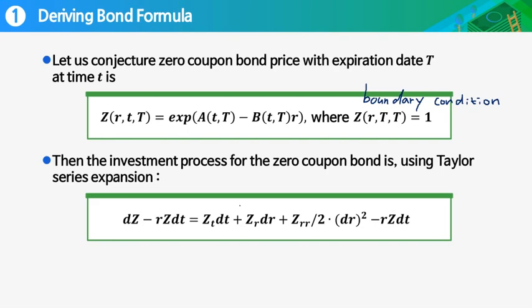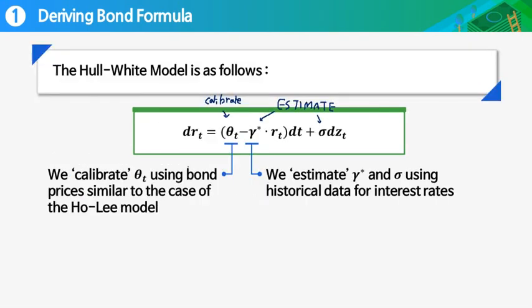So now we have to find these terms, right? Z_t, Z_r, Z_rr, and dr squared. Of course, dr squared is the square of this term, and only the sigma term matters, so dr squared is sigma squared dt.